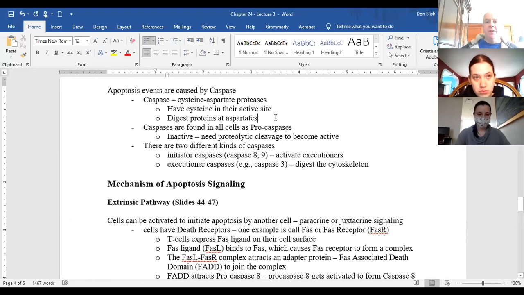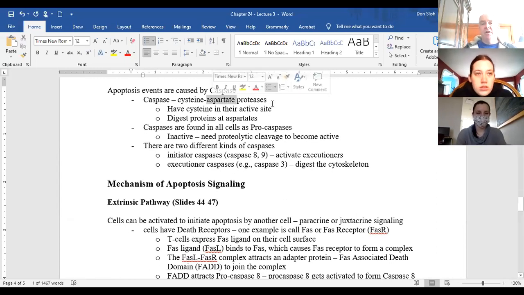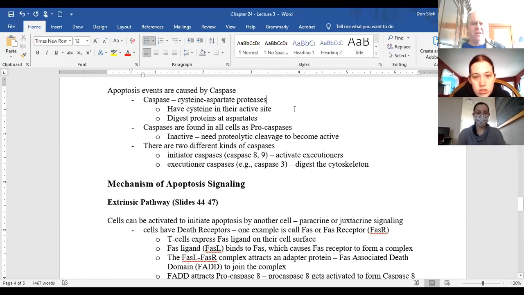Okay, so all these events that you see in apoptosis involve enzymes called caspases. These are called caspases because they have cysteine in their active site, and they cut proteins at aspartate. Aspartate is a negatively charged amino acid, so you see it a lot in cytosolic proteins, especially the cytoskeleton.